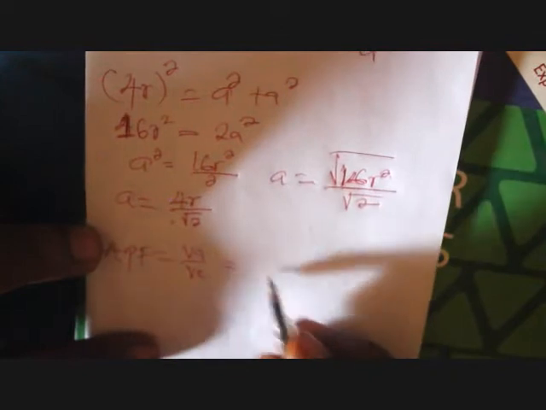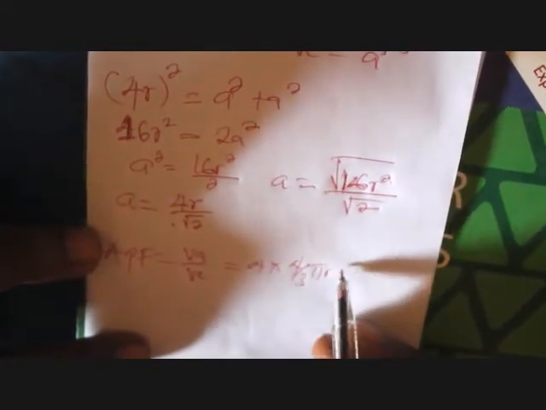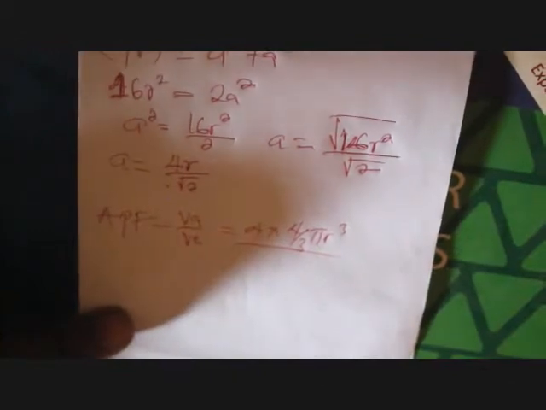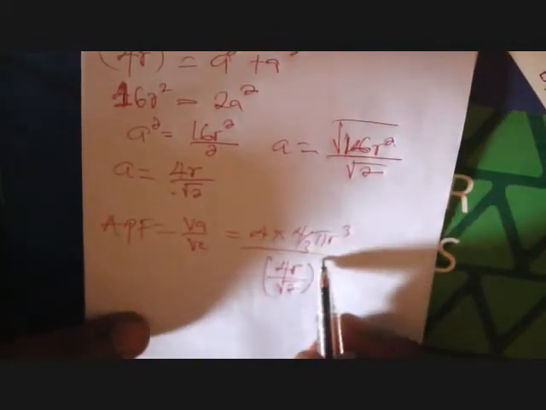We can now say atomic packing factor is equal to VA over VC, and our VA is N. Our N is 4 times 4 over 3 pi R cube all over VC. Our VC is a cube, and our a is 4R over root 2, cubed.